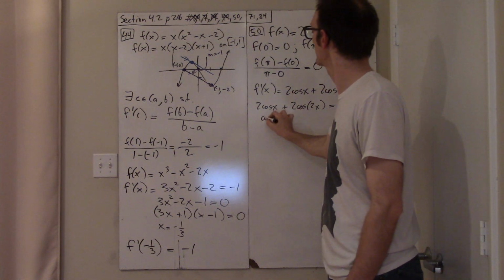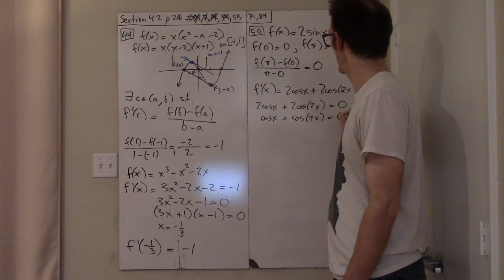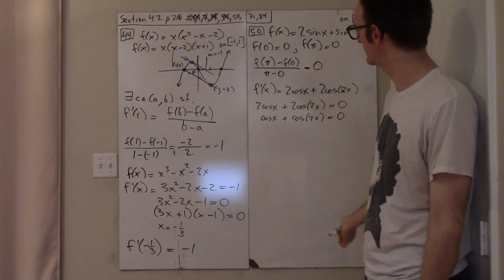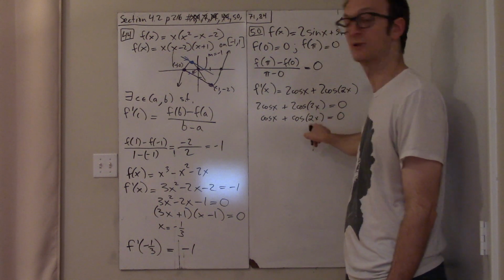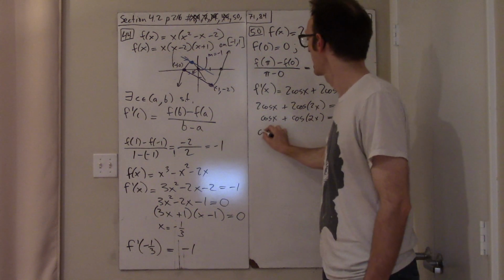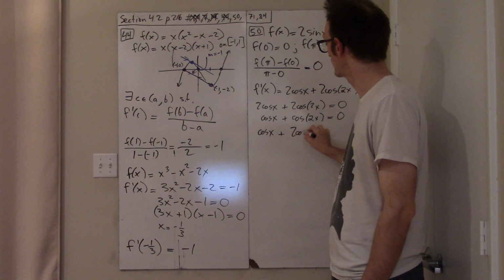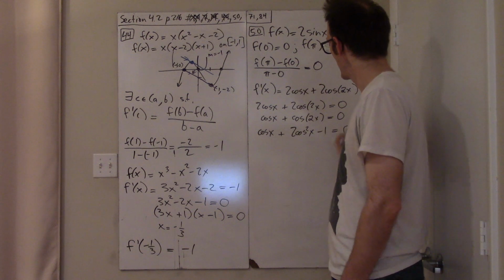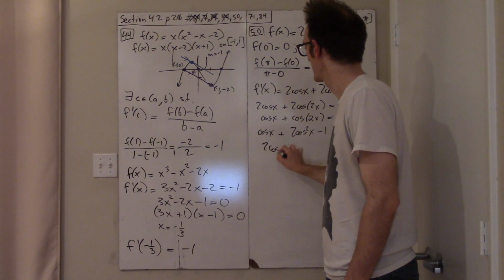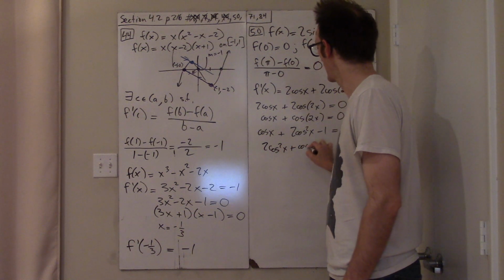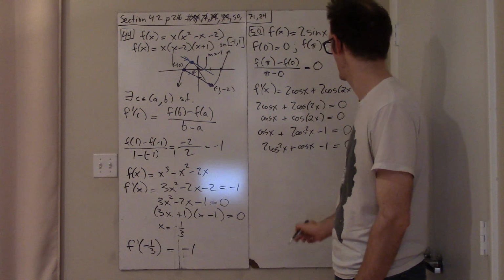Of course, I can divide by 2, and how does one go about doing this? Well, if you're experienced, then you know that the thing to do here is to apply the appropriate identity for cosine 2x, and the cosine 2x identity that I want is 2 cosine squared x minus 1, and that's good because now I have just a quadratic equation in cosine, and now I just hope that factors, and I guess it does.